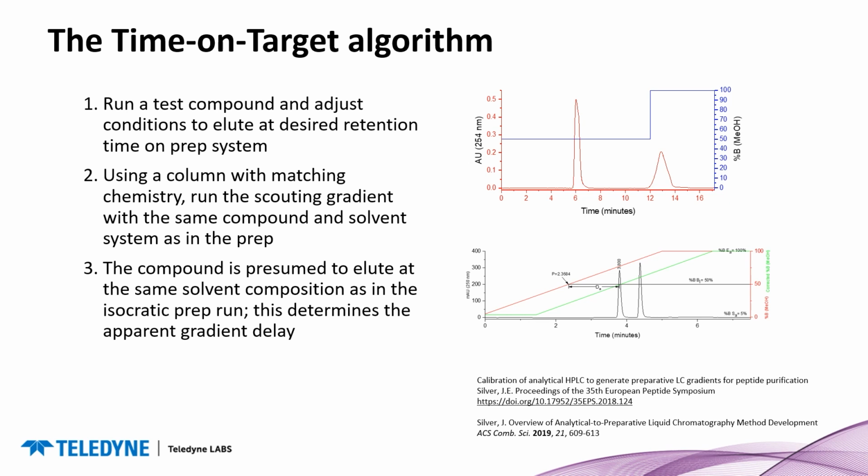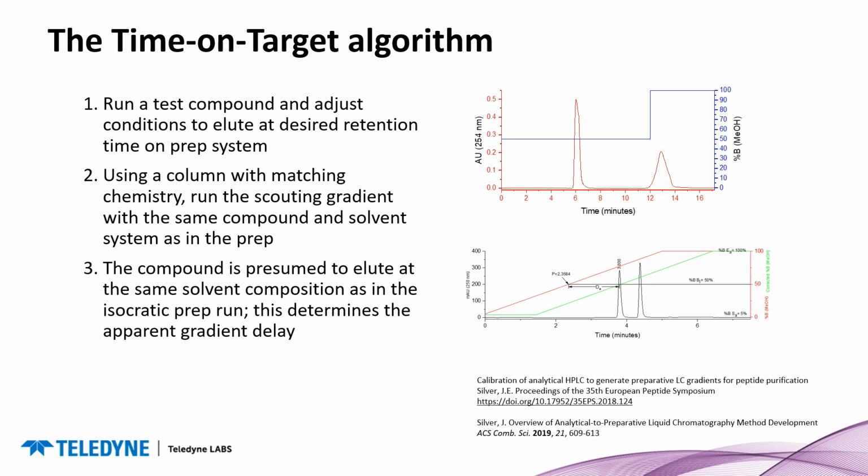The time on target algorithm sets the retention time to a desired value with a model compound, usually 6 minutes on a 150 millimeter long column, and note the solvent composition that causes this retention within an isocratic method. Using a matching analytical column, run a scouting gradient with the same compound using the same solvents including solvent modifiers.